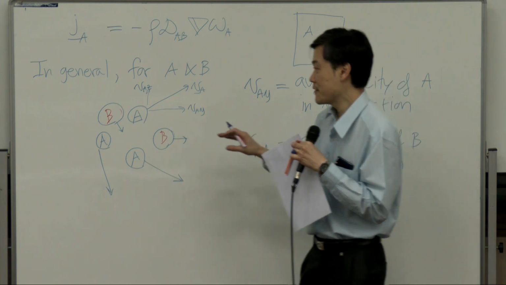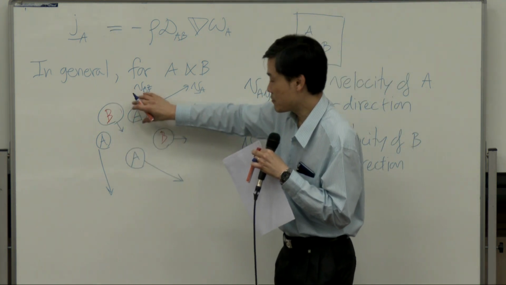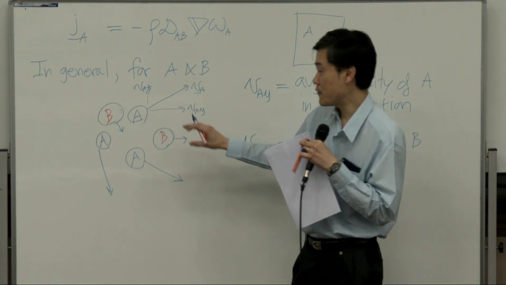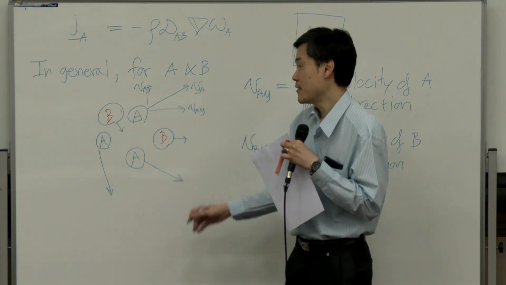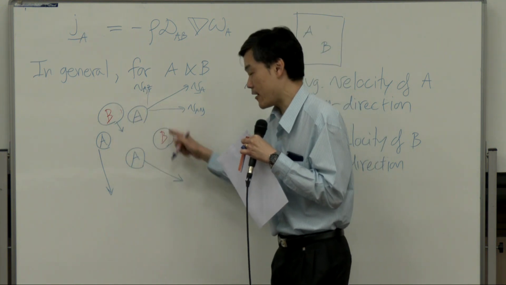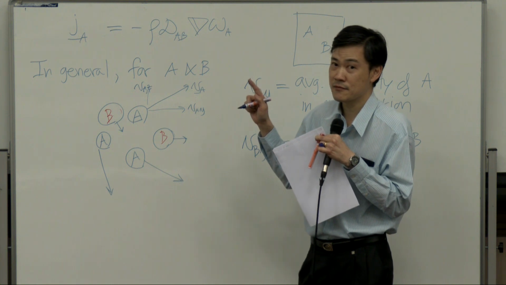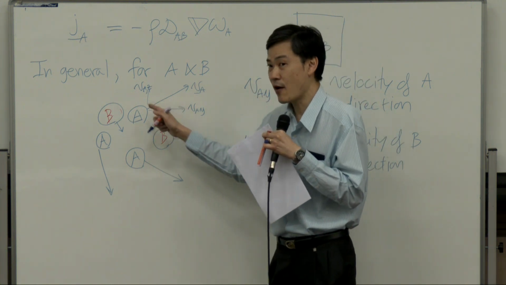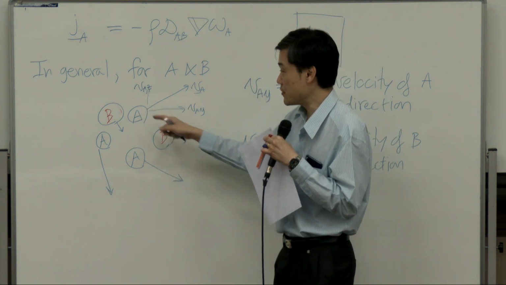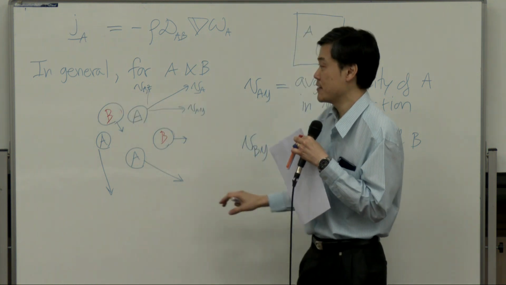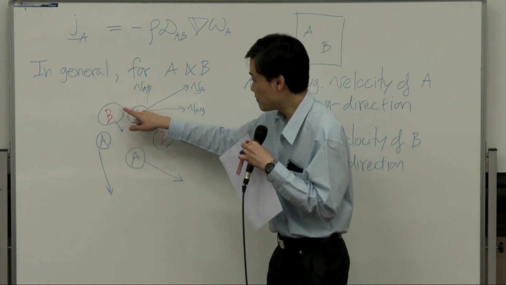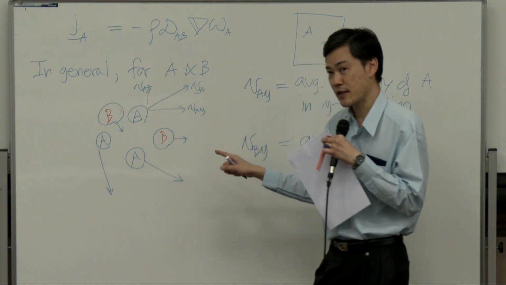Now, if I remove the labels of atoms, and consider all 5 atoms together, disregard whether they are A or B, just consider atoms. Now you have 5 atoms moving around with different velocity.